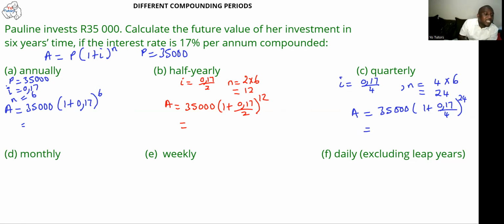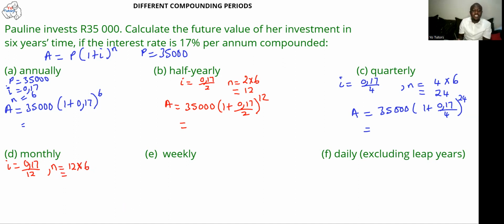Now let's see here, if we put monthly, we know that our I in this case is going to be equal to 0.17 over 12, because it's 12 times a year. What about our n? Our n is 12 times 6, because it's 12 times a year.